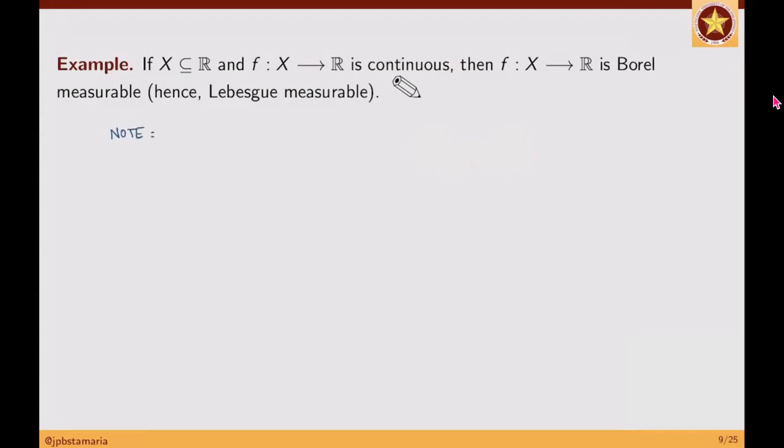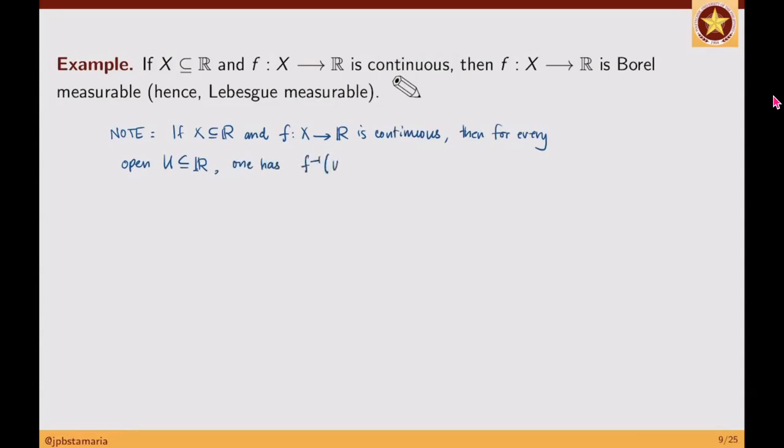Let me write here as a note. If X is a subset of R and F is continuous, then for every open subset of R, call it U, kung si U ay open, then one has that the inverse image of U is open in X. Kapag ang function continuous, meron siyang property na kapag kumuha ka ng kahit anong open set and you take the inverse image of the open set with respect to the function, the resulting set will still be open in the domain, which is X. Do you understand?